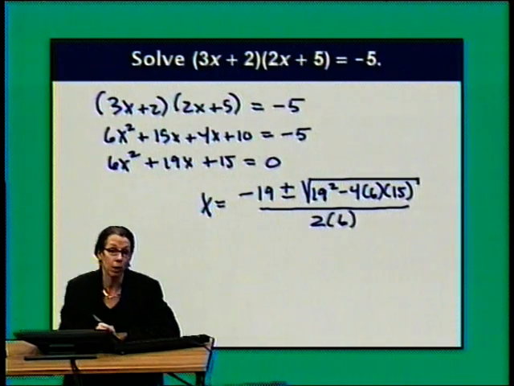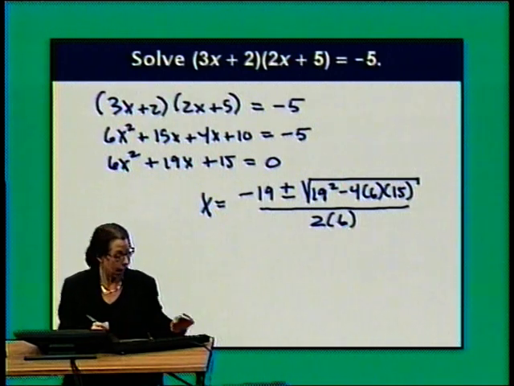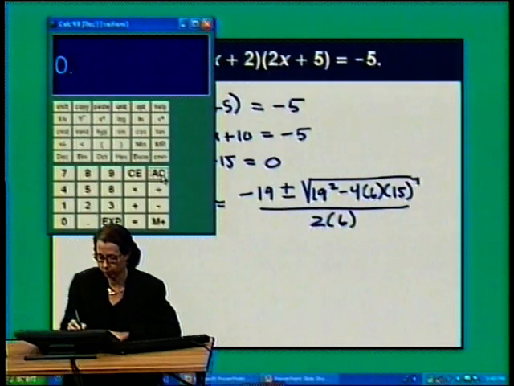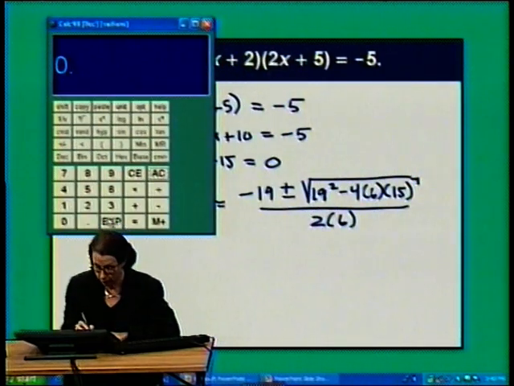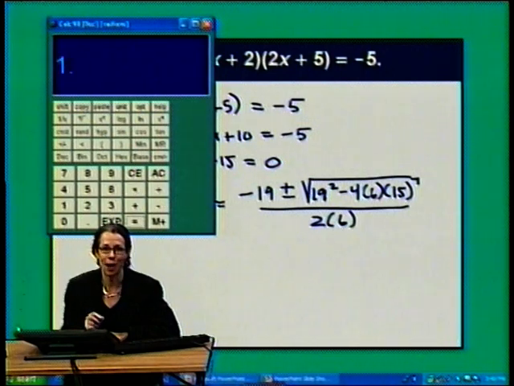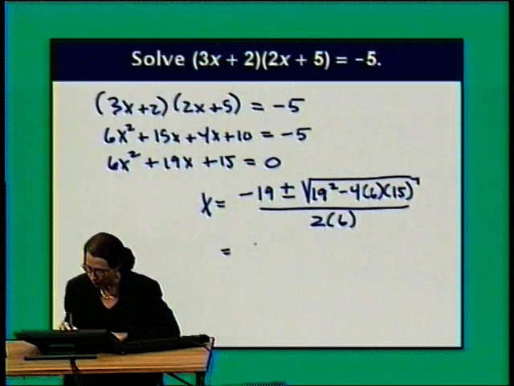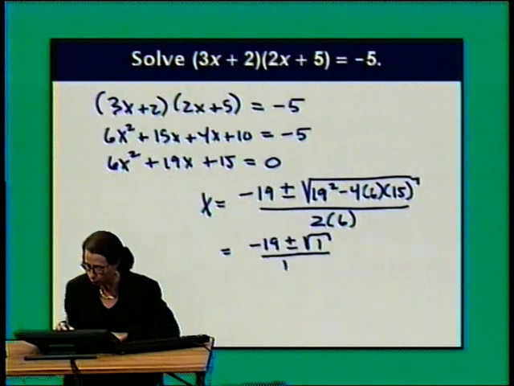Now at this point, I'm going to pull out a calculator to evaluate the expression under the radical. So I have 19 squared minus 4 times 6 times 15, that equals 1. So I'm going to be able to simplify from here. So I have -19 plus or minus the square root of 1 over 12.